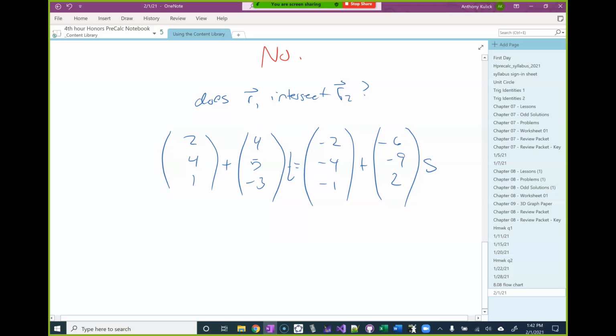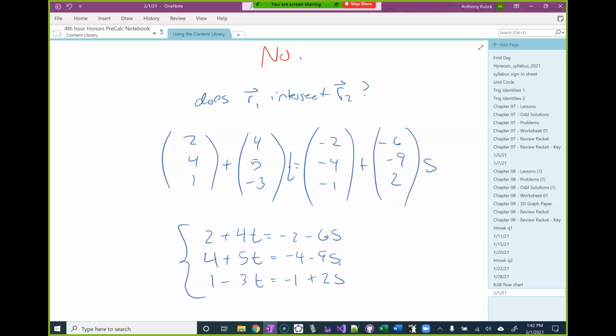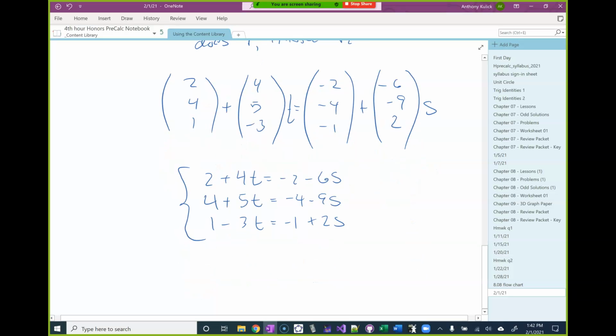I'm going to turn this now into a system of equations. By the way, this is the harder of the, or the hardest of the three checks. Is there an intersection? It involves the most algebra. I'm going to rearrange this so that it's kind of in standard form.